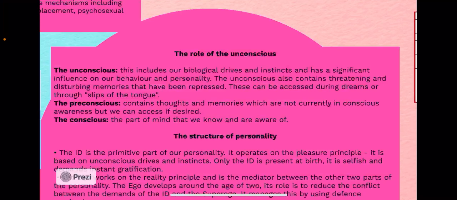So we're looking at the role of the unconscious according to the key terms in the advanced information. So what does the unconscious do? It's this idea that it contains threatening and disturbing memories. It's where things that have been repressed go. It also contains our biological drives.